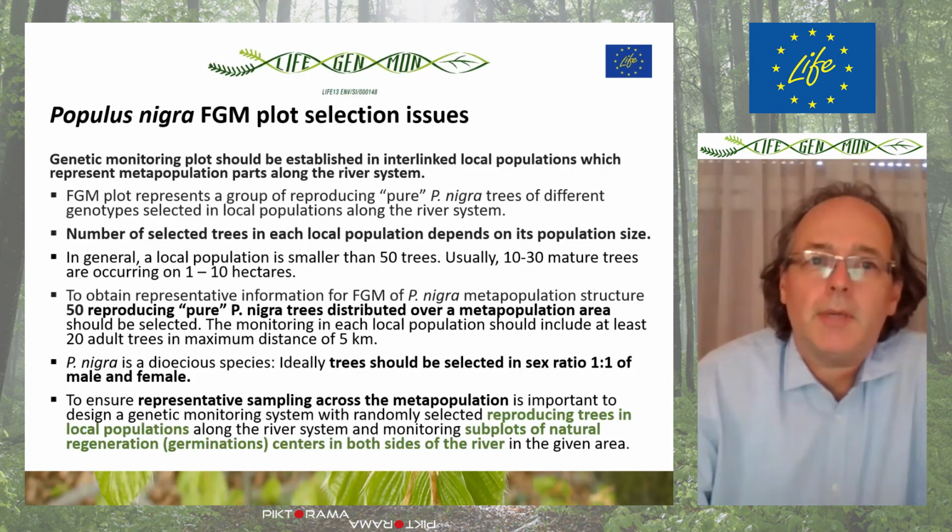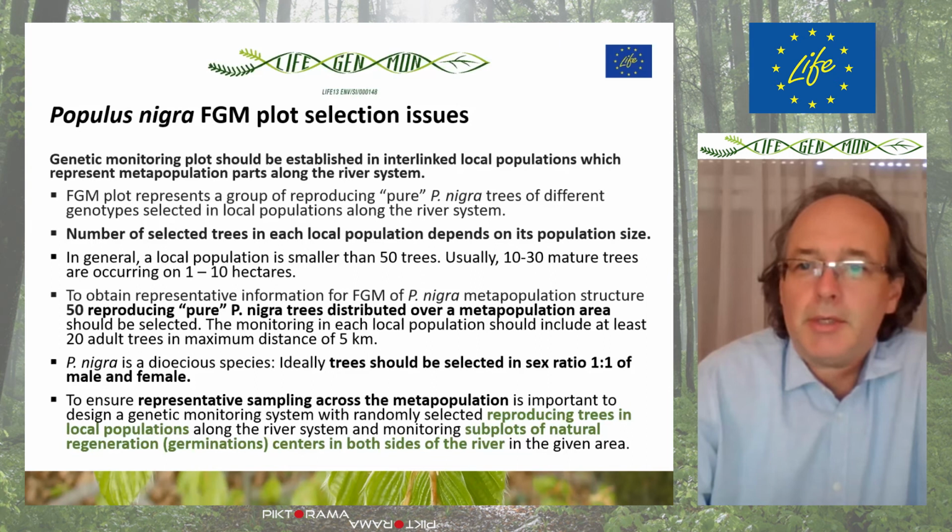So the genetic monitoring plot should be established in interlinked local populations which represent metapopulation parts along the river system. A genetic monitoring plot represents a group of reproducing pure Populus nigra trees of different genotypes selected in local populations along the river system.